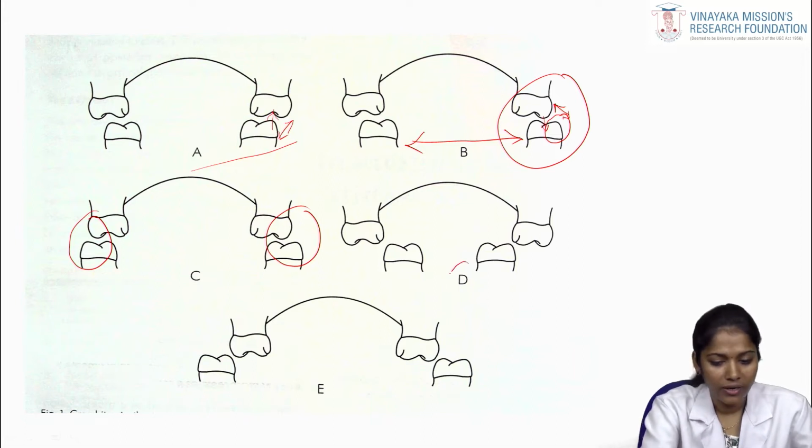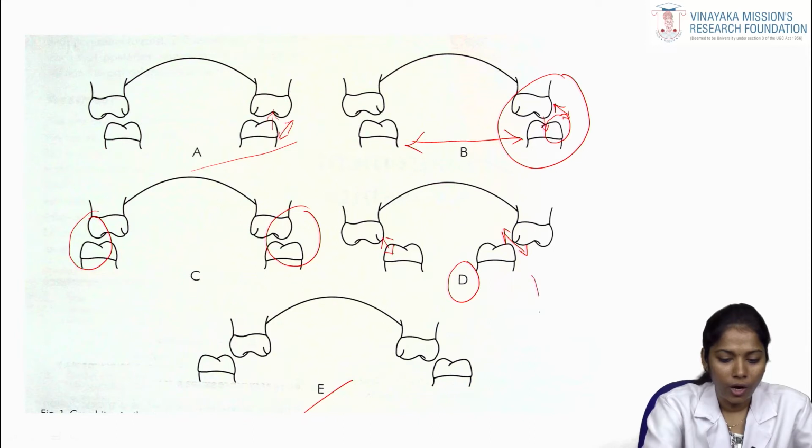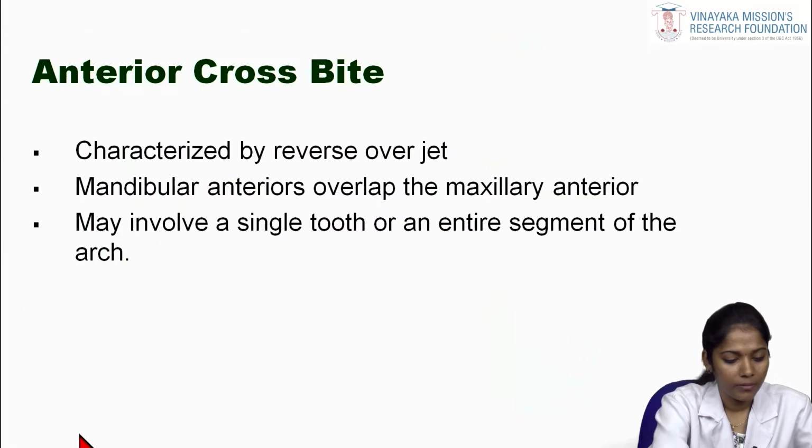In diagram D, both your lower right as well as left side molars are in quite opposite relationship to diagram A, that is, your lower molars are totally within the maxilla. And diagram E depicts a totally opposite relationship to diagram D, where both the lower molars are out. Maxilla is getting entitled inside the mandible.